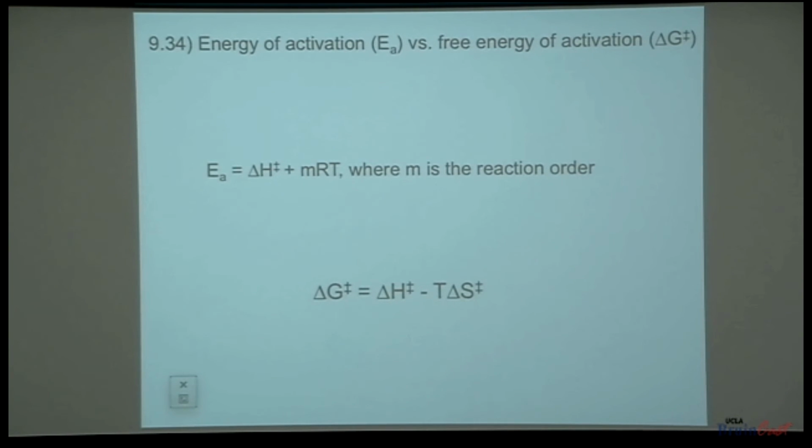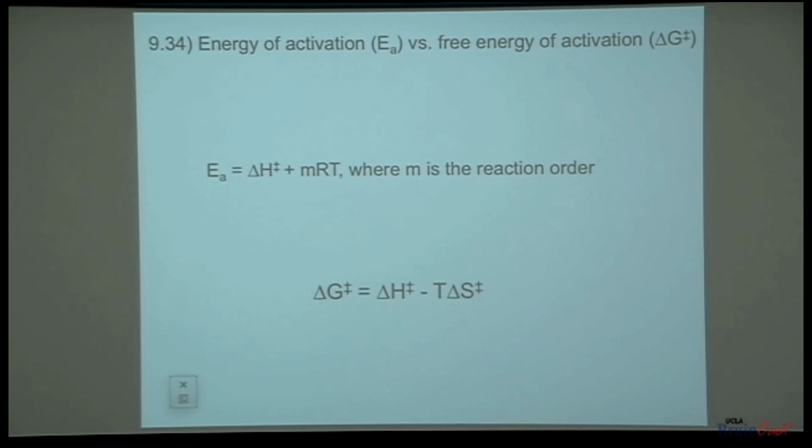Okay, so how are we accelerating the reaction? Well, if we're not changing the activation enthalpy, we must be changing the activation entropy, right? And so here's the equation that you already know that relates free energy, enthalpy, and entropy. So the free energy of activation, delta G double dagger, is equal to the enthalpy of activation minus the temperature times the entropy of activation.